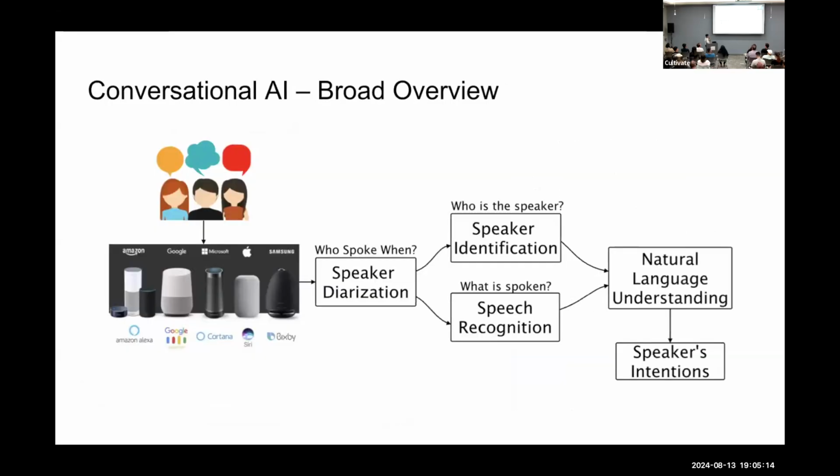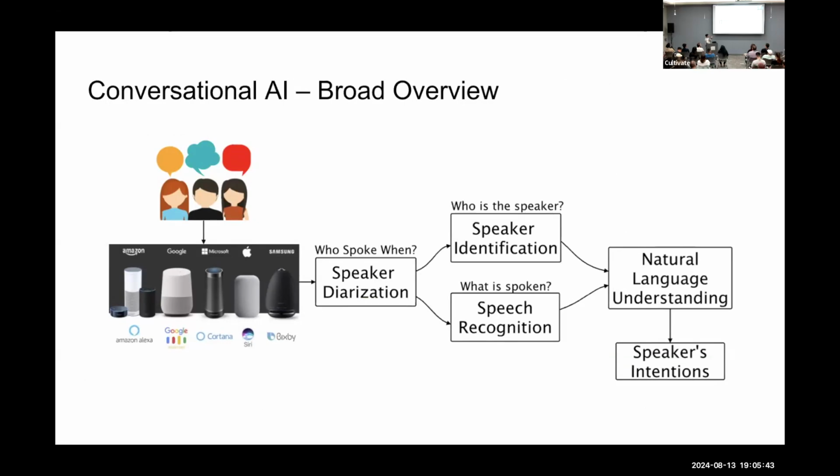So this is what happens behind the scenes, and what most of us work on. If you have a voice assistant, you give it some signals, some commands, and it passes them to the background models. The first thing done is speaker diarization, which identifies who spoke when in the input signal.